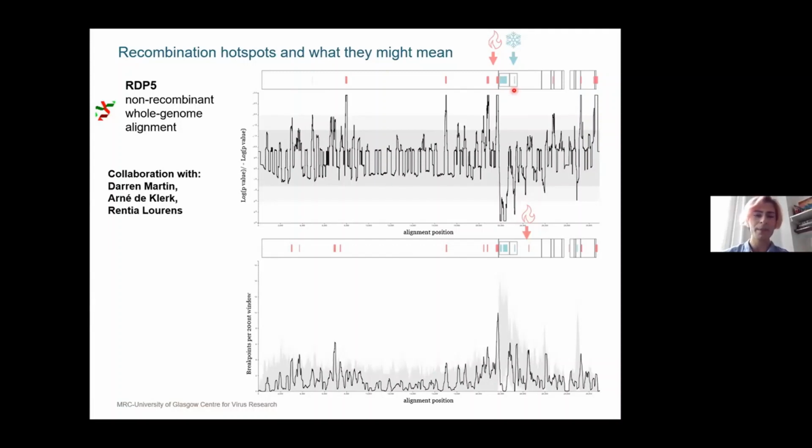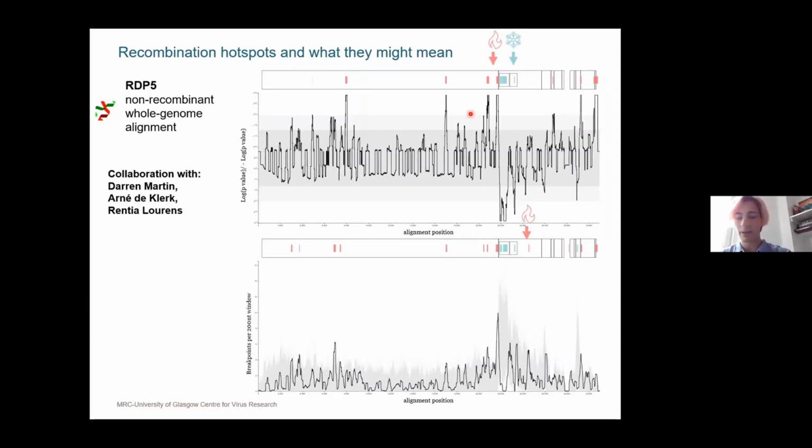So essentially, knowing the functional importance of these regions in spike, this is really indicative of selective recombination for that region to be switching between these coronaviruses through recombination. And so some form of antigenic shift.